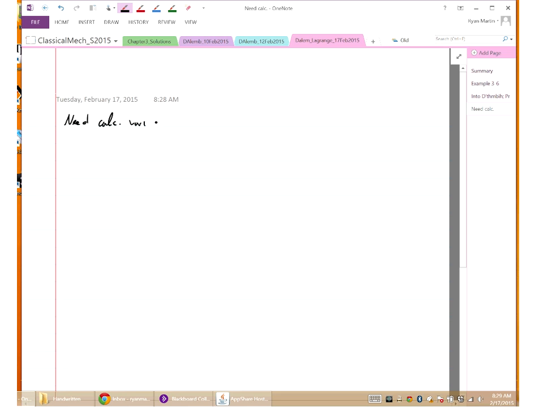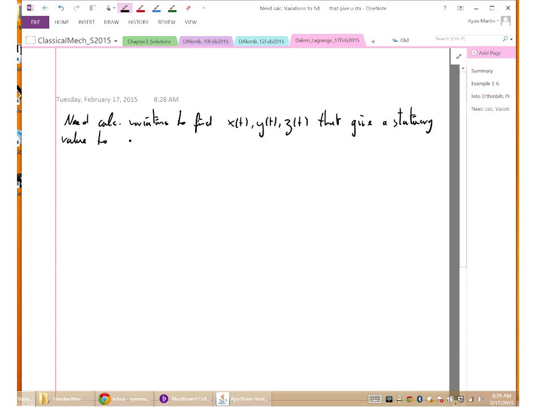So we need the calculus of variations to find the functions x of t, y of t, and z of t that give a stationary value to the function capital S, which was the integral of L dt, the definite integral.